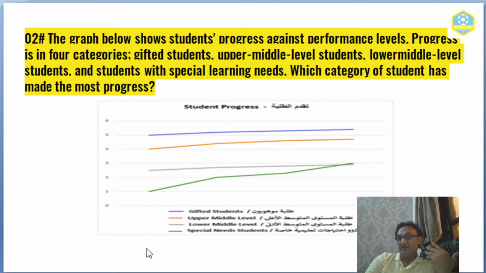If you go by the line's position, the blue line is on the top, but everything on the top doesn't mean it is the highest rank. You have to check the flow of the line, the progress patterns of these lines. So the progress pattern of the green line gradually increases from 1 to 3. However, the rest start from nearly the middle of 2 and end just below 3, and similarly 4 and 5.